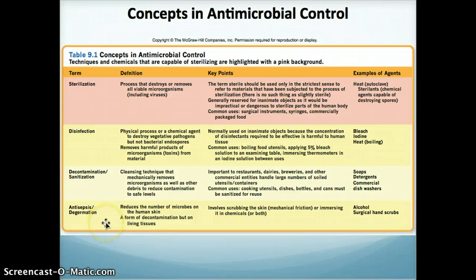And then the last would be antisepsis or degermination, and this will actually be on the body. This is reducing the number of microbes on the human skin. So it's a form of decontamination, but on living tissue. The top three are all on inanimate objects. Down here, we are actually talking about on a body or skin.